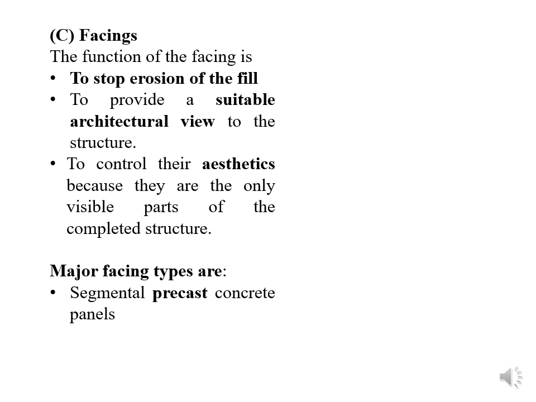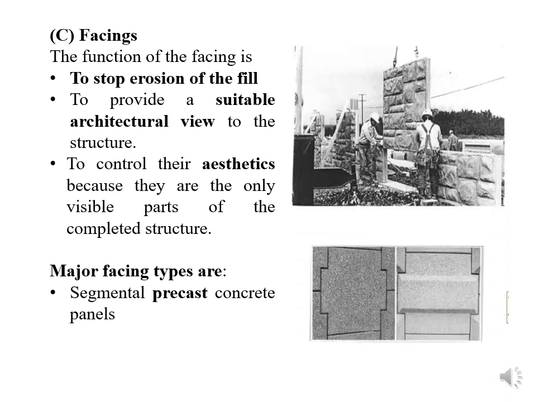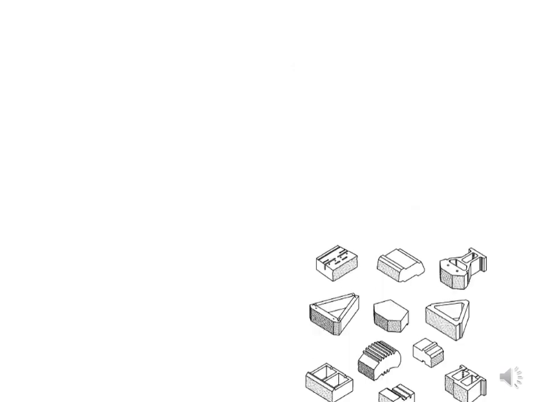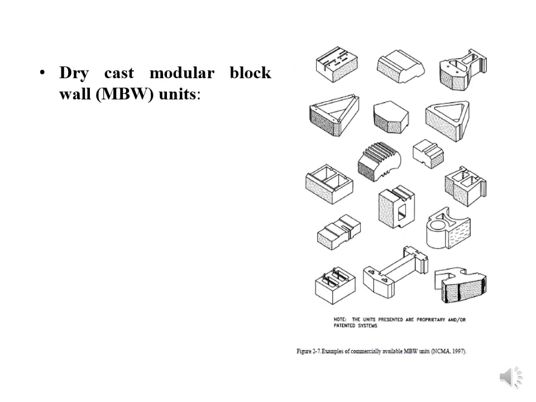See, segmental precast concrete panels. You can see the precast panels in the figures on the right-hand side. The precast concrete panels are installed as facing units. The next facing units can be prepared using dry-cast modular block wall, MBW, units.